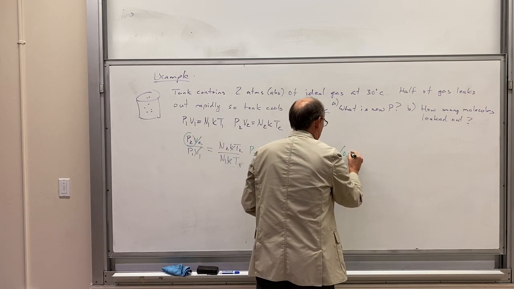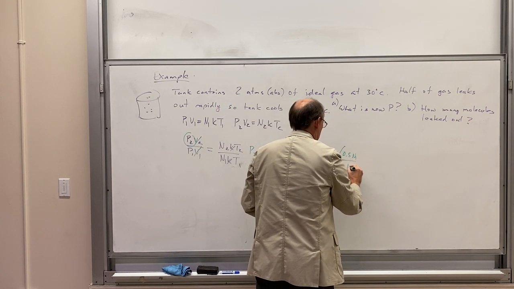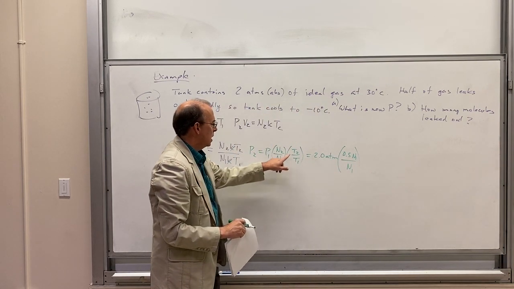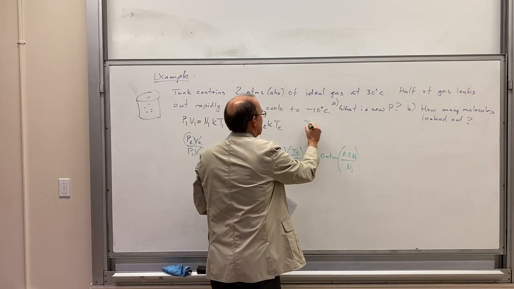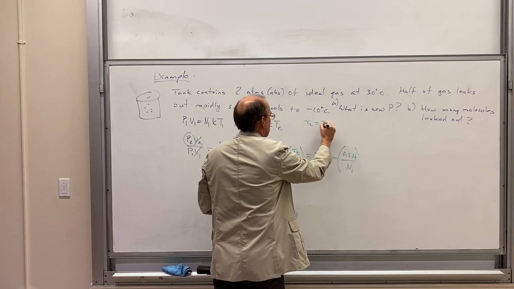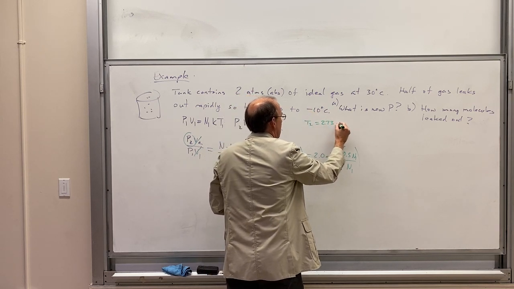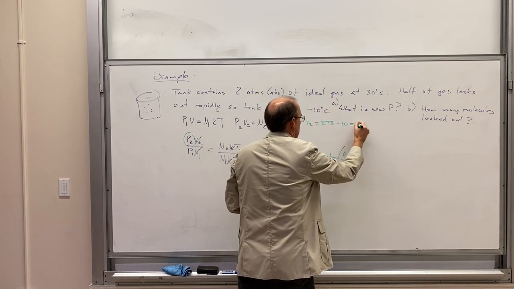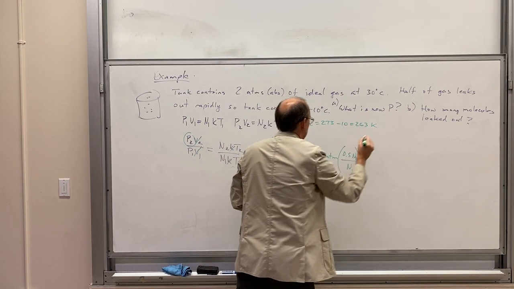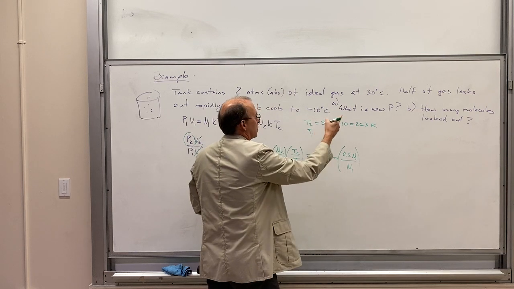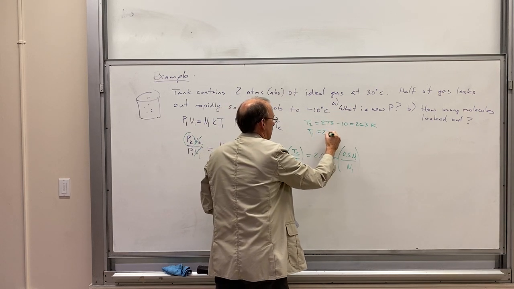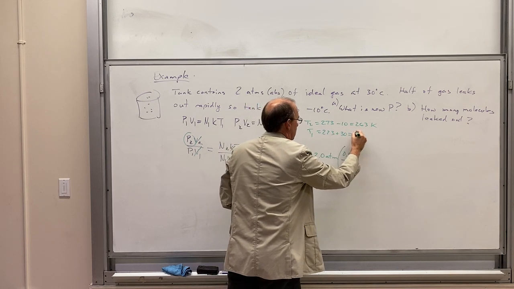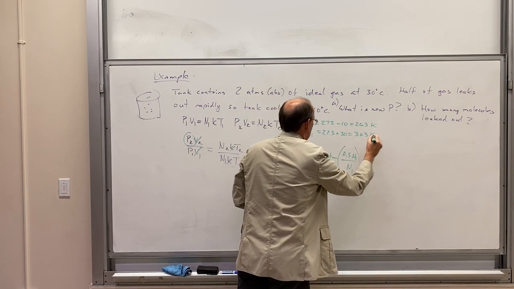So this is 0.5 N1 over N1, so the N1s will cancel. T2 was minus 10, so that's 273 minus 10. That's how you convert from Celsius to Kelvin. It's 263 Kelvin. T1 was 30 Celsius, 273 plus 30 is 303 Kelvin. Is that right? Yeah.